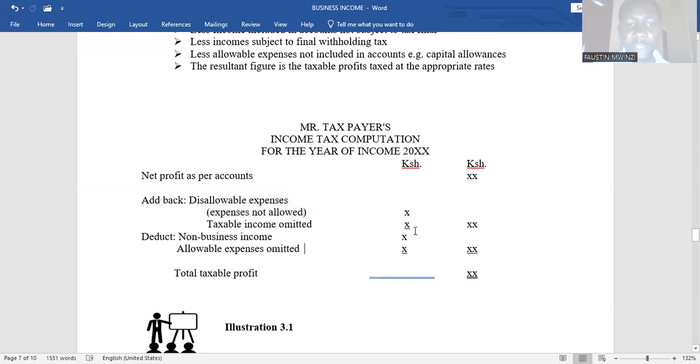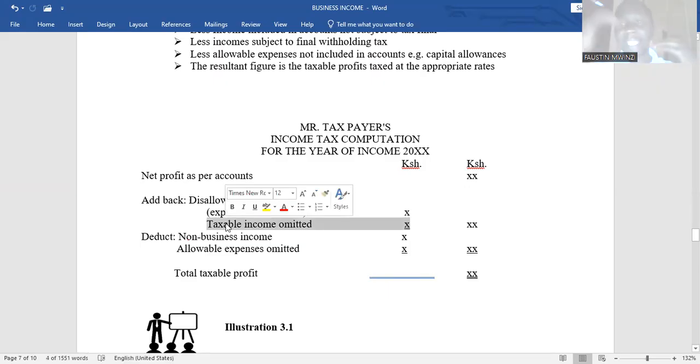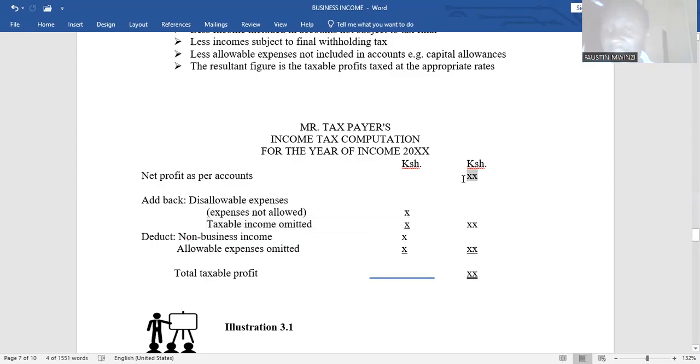And then you might also have, as a result of an error, some incomes that are taxable and were not captured in the income statement that gave you this figure. Those incomes, if any, that were omitted, it's time you add them so that you tax them. And then you are going to have your figure over there.